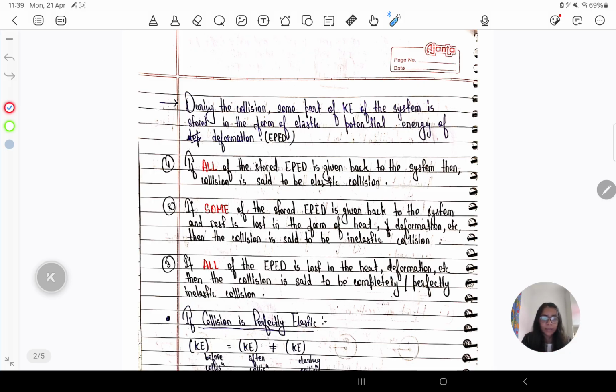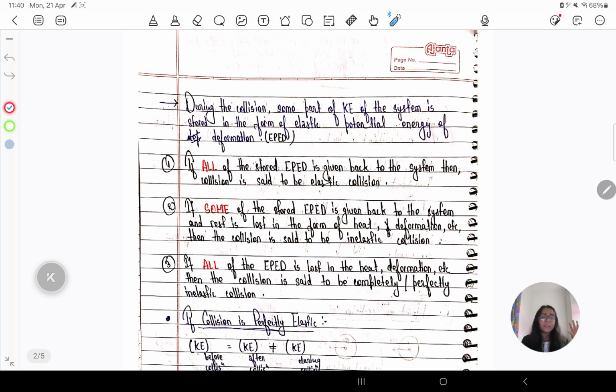Initially the body was moving with some kinetic energy, then collision happens, and some of that kinetic energy is stored by the body in the form of elastic potential energy of deformation. This happened during collision. Now, after collision, if that stored elastic potential energy of deformation is not given back to the system in the form of kinetic energy, then obviously the kinetic energy of the body is decreasing, right?